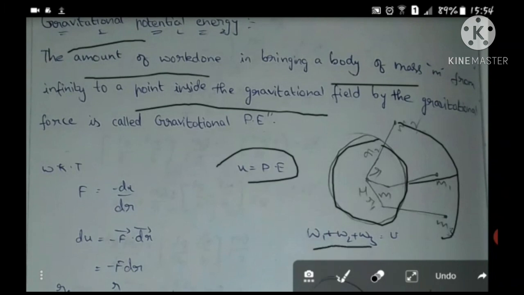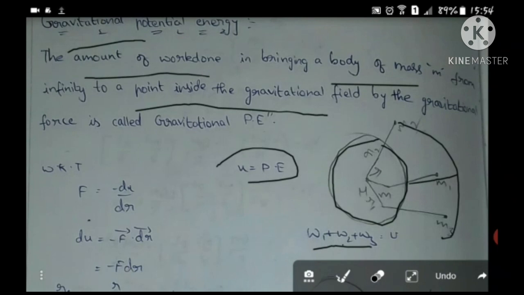The work done by bringing mass m1 inside the gravitational field is W1. The work done by bringing the mass m2 into the gravitational field is W2, and then the work done bringing the mass of body m3 into the gravitational field is W3. If you add these, we get the potential energy.